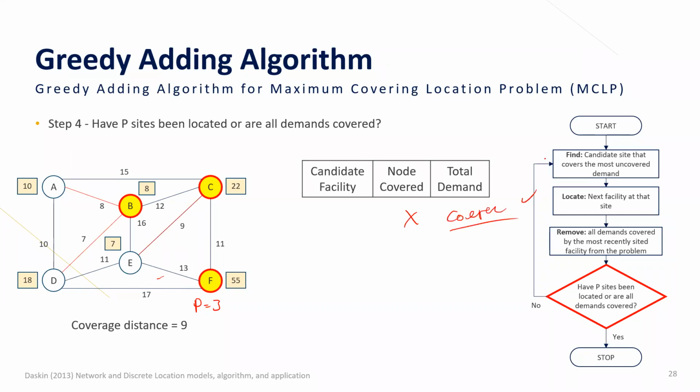So finish. I think this one should be checked, let's find out again later. But at least if you already opened 3, you cannot open more, even though we don't have the restriction to cover all the demand.